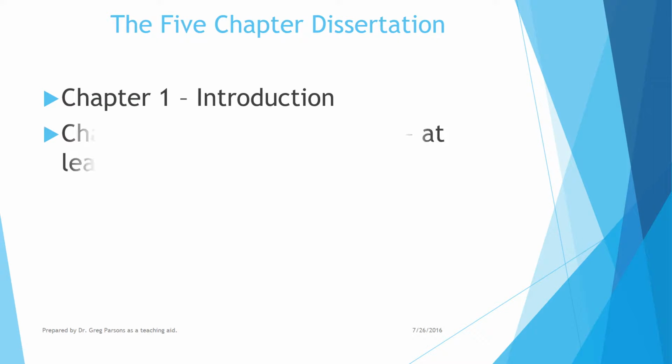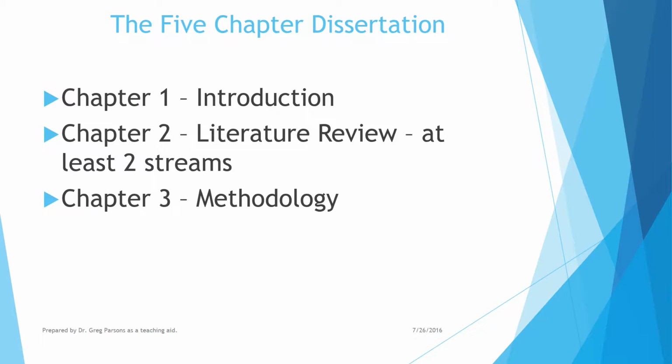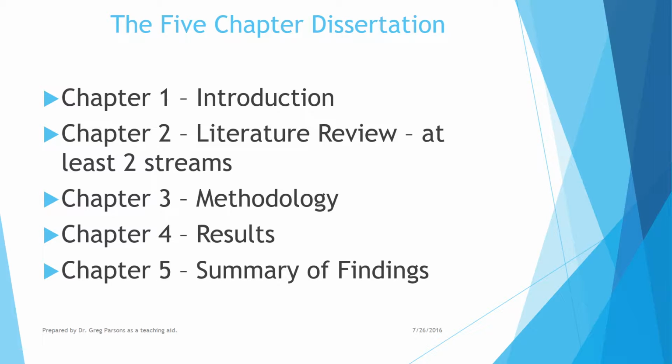Now, this is consistent with our approach. When you finish your dissertation, you'll have 5 chapters. Chapter 1 is the introduction, where you talk about the background of the topic. Chapter 2 is your literature review, and we require at least 2 streams of literature. More are sometimes necessary, but at least 2. Then there's the methodology section, where you describe how you're going to prove that your idea is true with empirical data.